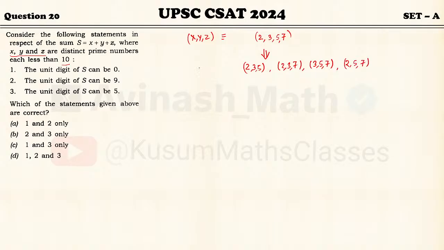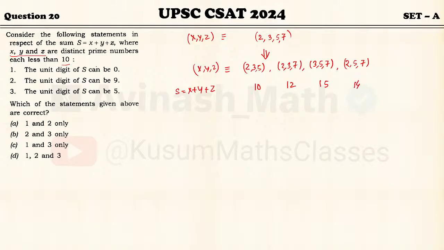If that is the case, x, y, z, and S is nothing but x plus y plus z. What would be S in this case? This is 10, this is 12, this is 15 and this is 14, right?